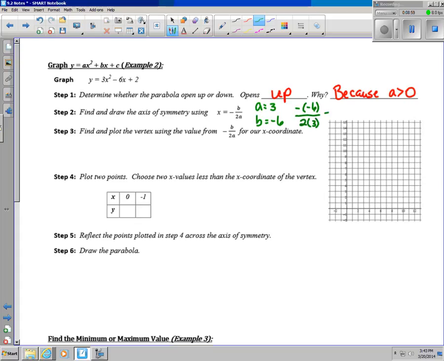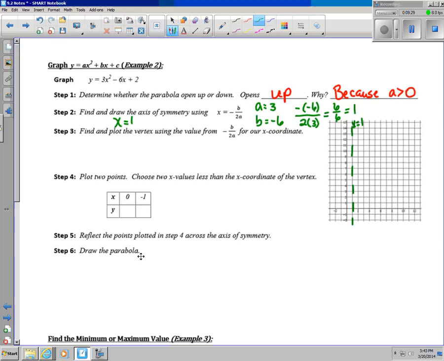When I simplify this, I get a +6 over 6, which just reduces to 1. So my axis of symmetry is the line x equals +1. So I'm going to go to x equals 1, and I'm going to draw just a dashed line of symmetry down the line x equals 1. That is the dividing line for my parabola.